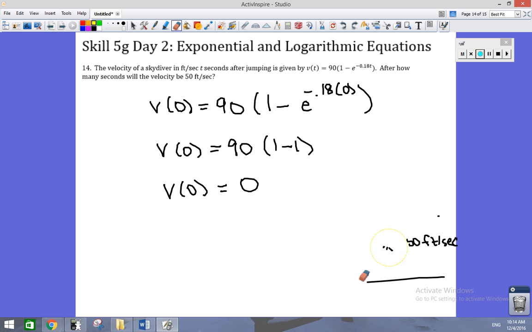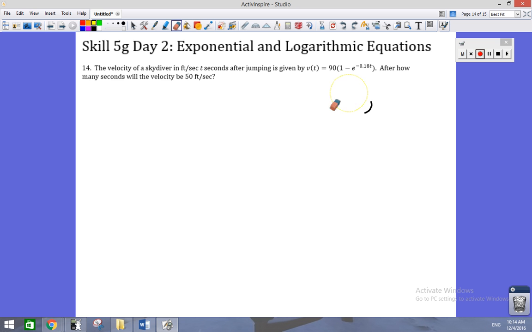All right, so let's start. The velocity that we want on the left-hand side, v is a measure of the velocity, is 50. And on the right-hand side, we have 90 times 1 minus e to the negative 0.18 t. Now that we've substituted our value, we have an equation to solve, just like all the other equations we've solved in this homework.